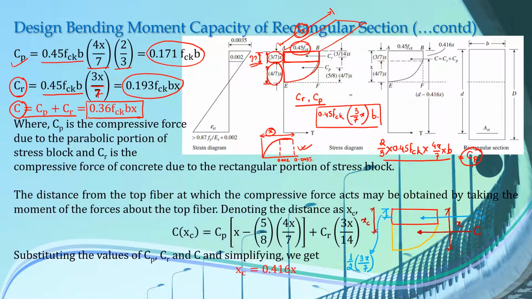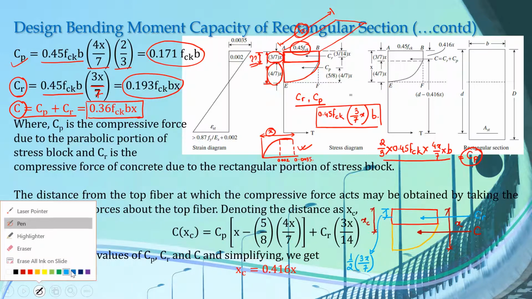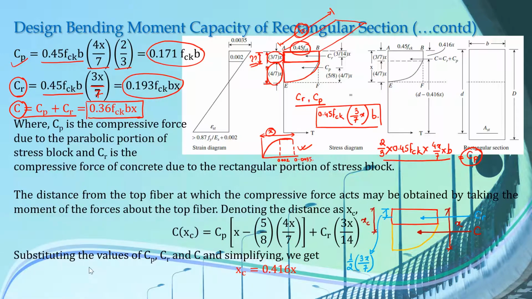Similarly, let us say that the compressive force due to the parabolic block CP acts somewhere here. Now this CP will be at a distance of 5 by 8 times the width of this parabolic block, which is 4x by 7, from this.